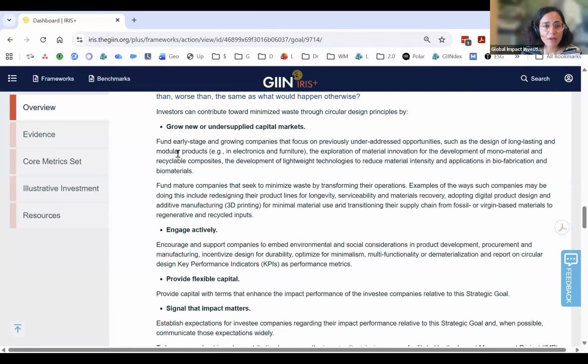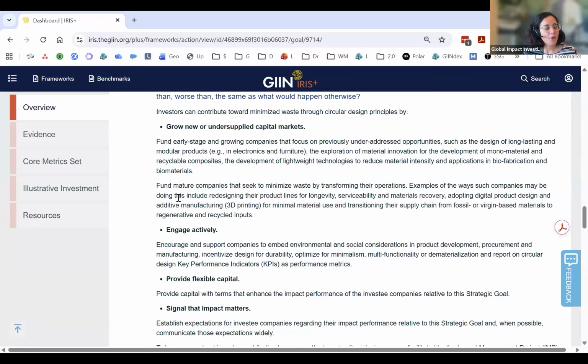So, for example, with regards to growing new and undersupplied capital markets, funding early stage growth companies in previously unaddressed opportunities, such as design of long-lasting and modular products, exploration of material innovation, development of monomaterial and recyclable components, development of lightweight technologies to reduce material intensity, and applications in biofabrication and biomaterials.